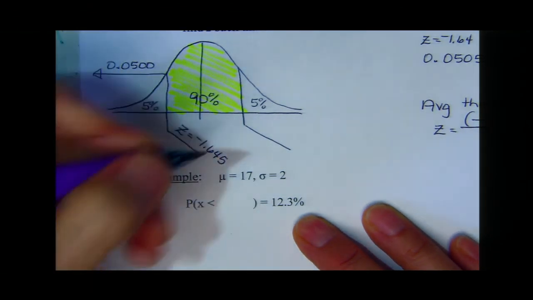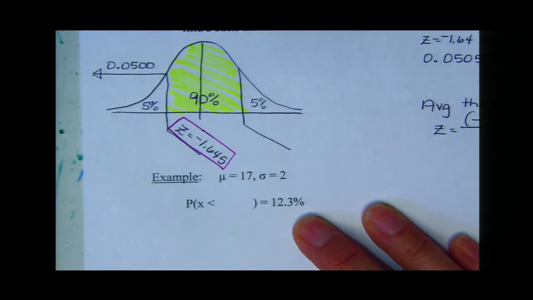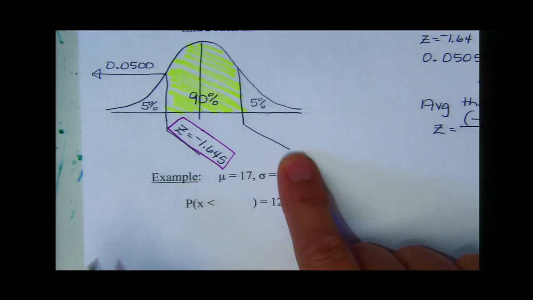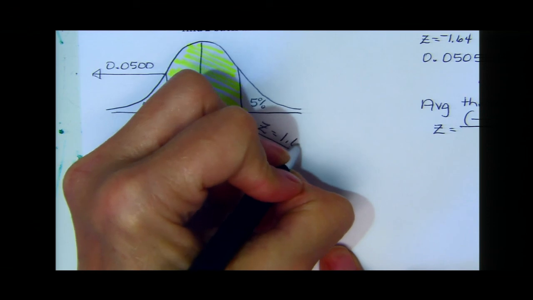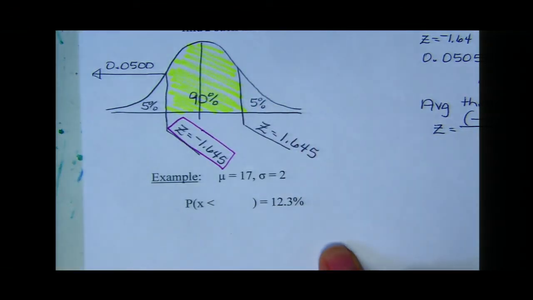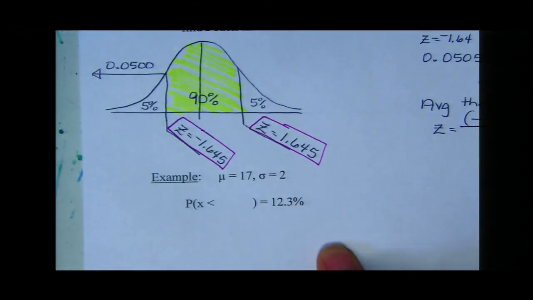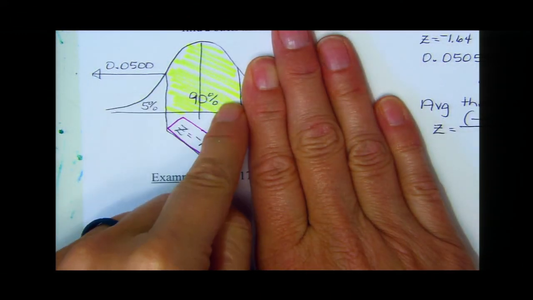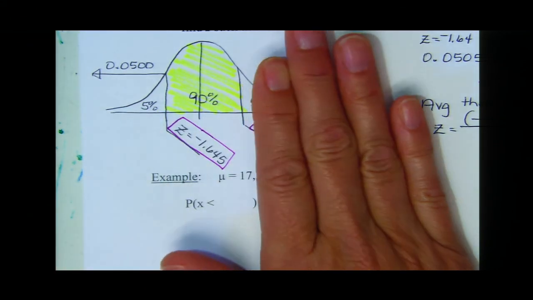Now, here's what is awesome about that: once we've found one of them, then we automatically know this one because they're opposites. So since they're opposites, we know this is positive 1.645. And guess what? We can prove that because for this positive z-value, the amount that lies to the left is the 90 plus the 5, which is 95%.